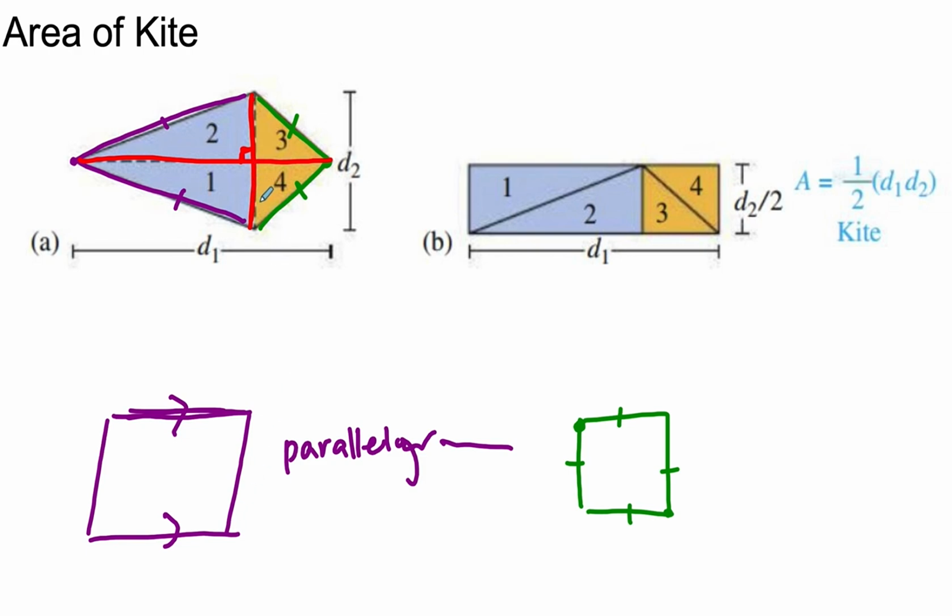So then if I cut them all out and rearrange them, I can make a rectangle because this is a 90 degree angle, this is a 90 degree angle, this is a 90 degree angle. All of these corners are 90 degree angles, and each of the triangles then is a right triangle. So putting them together, you can make a rectangle like that, right?